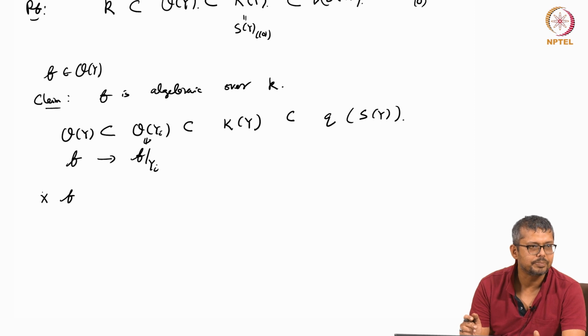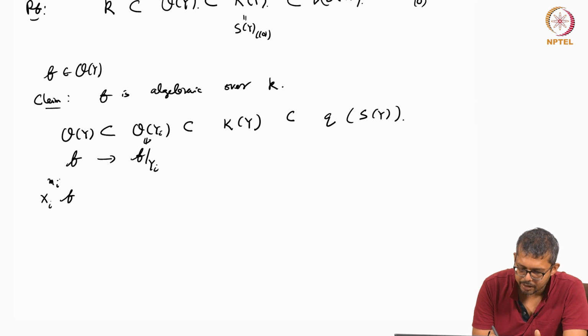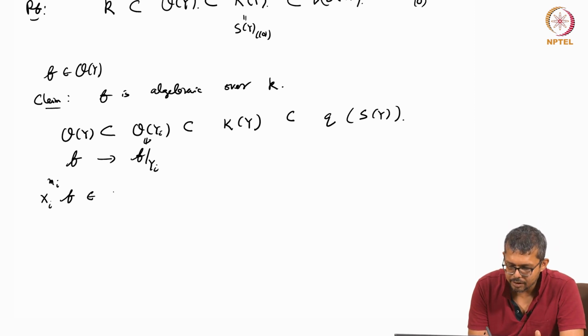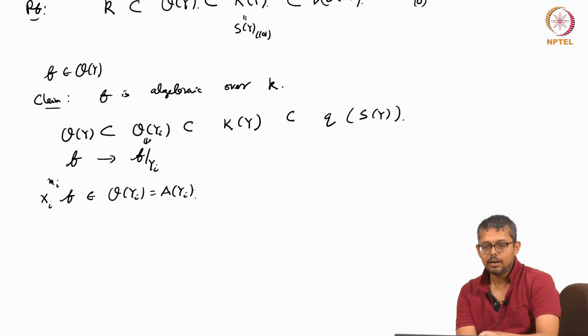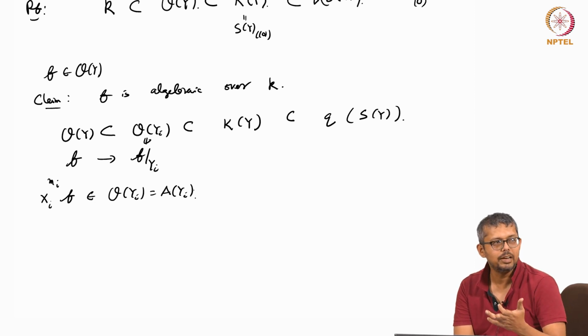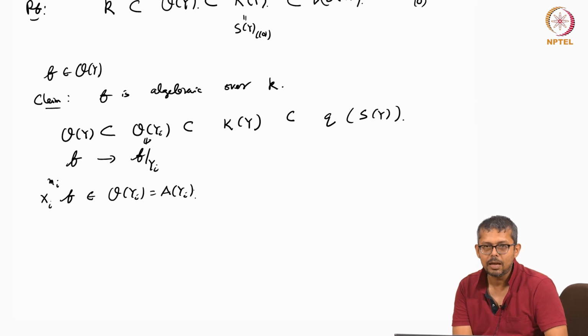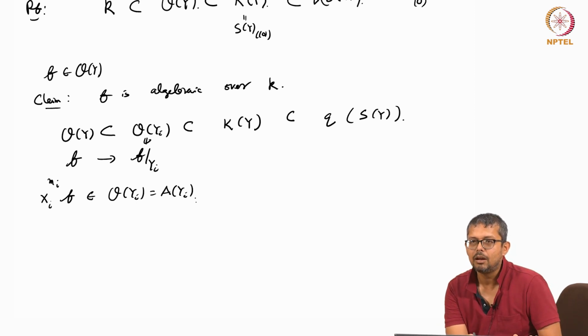But the degree of g is the same as m_i. In other words, x_i^{m_i} times f is in O_{Y_i}, which is A_{Y_i}, right? Elements of O_{Y_i} are of the form g by x_i^{m_i}, where the degree of g is the same as the degree of x_i^{m_i}, which is m_i. So if I multiply by x_i^{m_i}, then f, thinking of it as an element here, should be an element of A_{Y_i}.